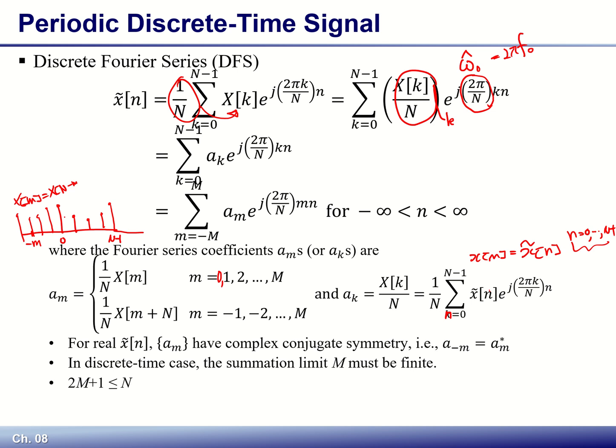So it is m plus N when m is negative. So for a real time domain signal, due to complex conjugate symmetry, a minus m will be the complex conjugate of a m.